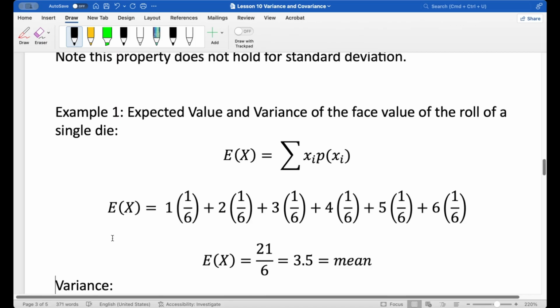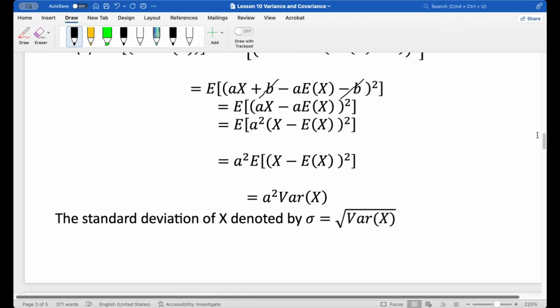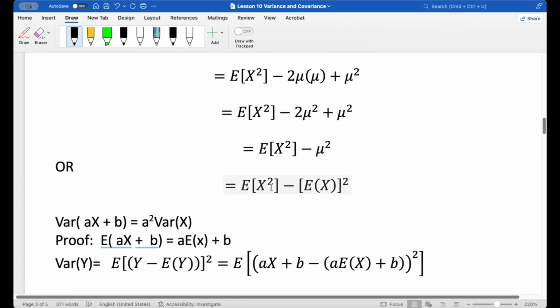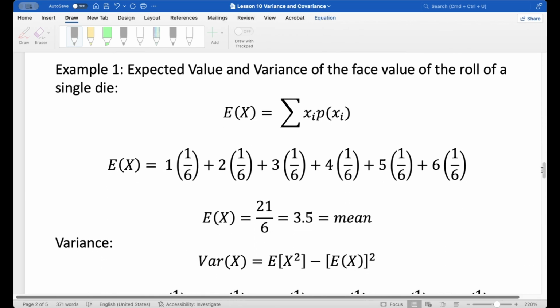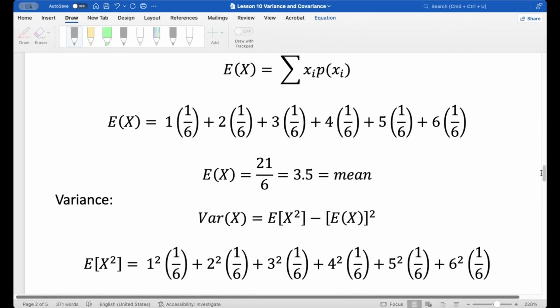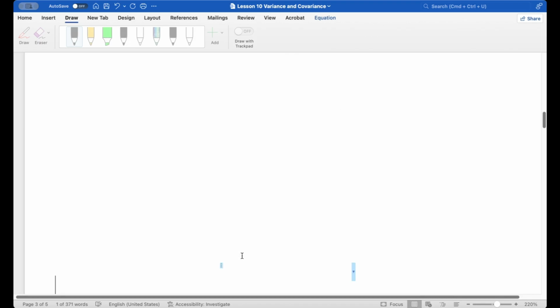Now, to find the variance, we need to find the expected value of x squared. We're going to use the calculational formula here of the variance, expected value of x squared minus E of x squared. So we have to find the expected value of x squared. We're going to do the same calculation, but with the x's squared. So it's 1 squared times 1/6 plus 2 squared times 1/6 plus so on all the way up to 6 squared times 1/6.